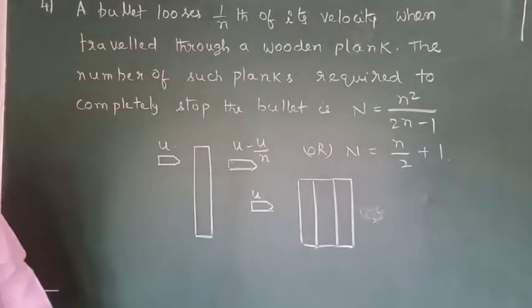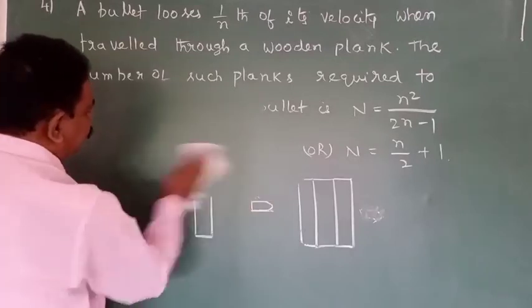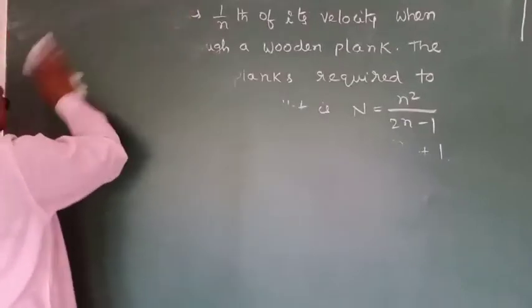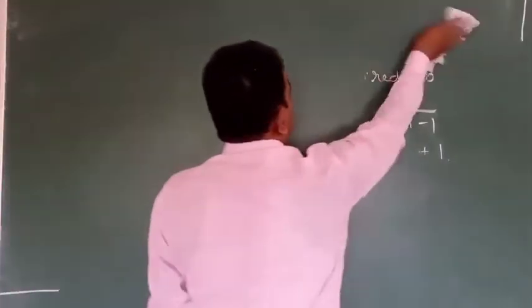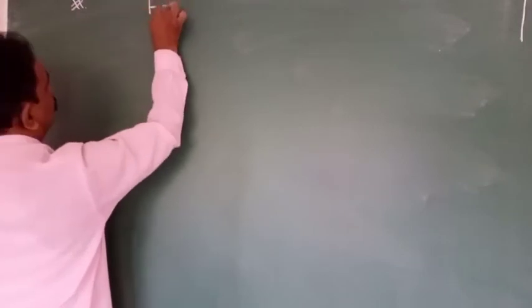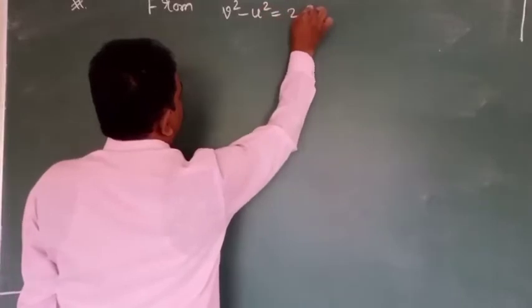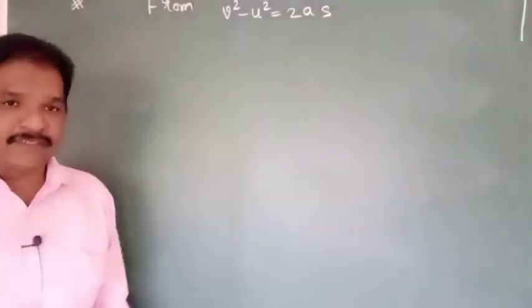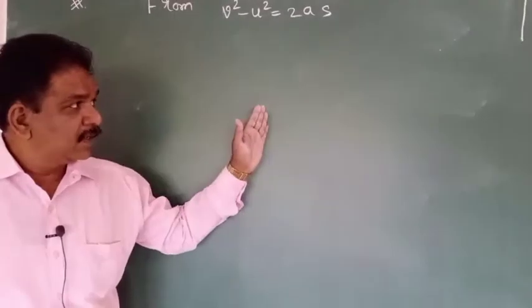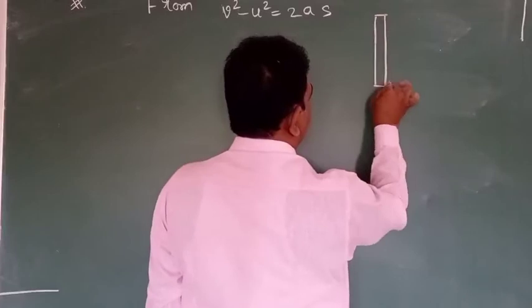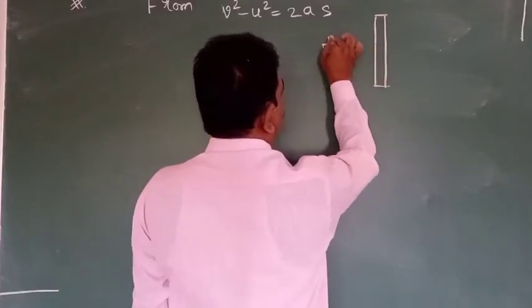How did that come? See how we derive that formula. We will use the formula v square minus u square is equal to 2as. The initial velocity of the bullet is u when it enters the wooden plank.